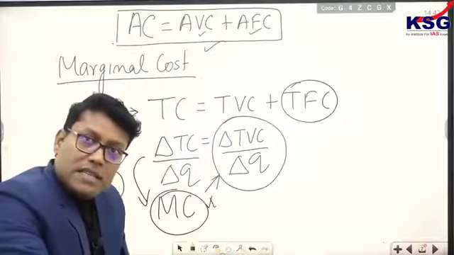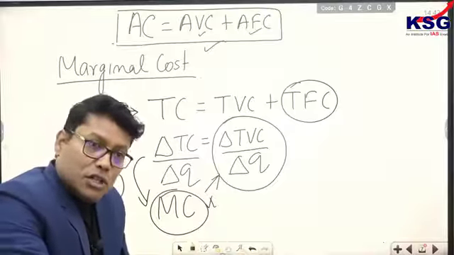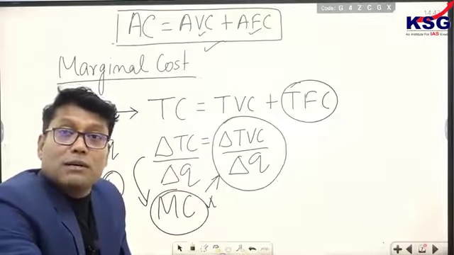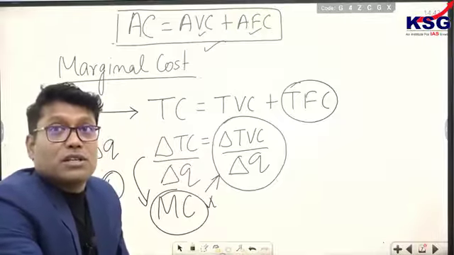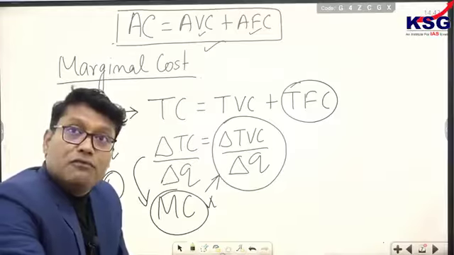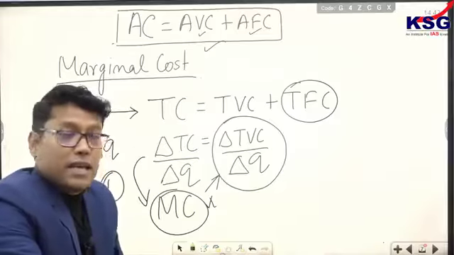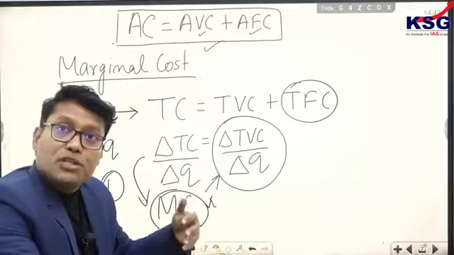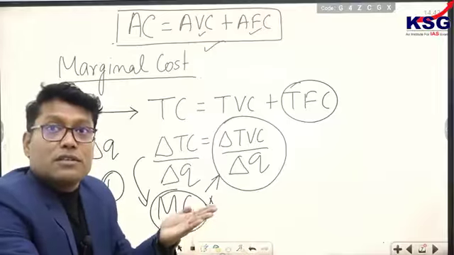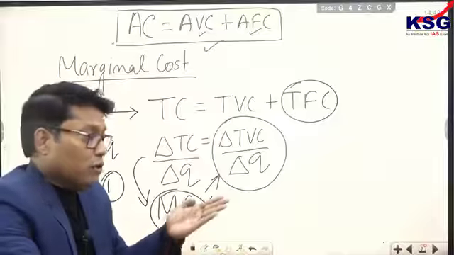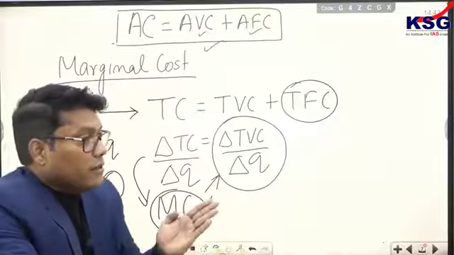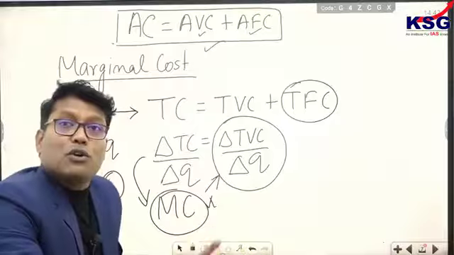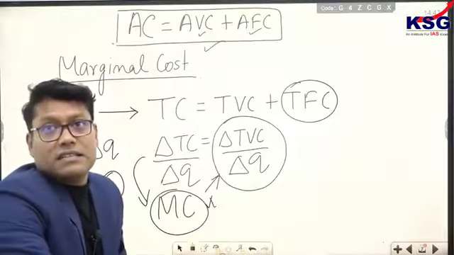You are calculating base rate on the average cost, you are calculating MCLR on the marginal cost, but all the components of average cost and marginal cost you are taking within the bank. Whatever things you are doing within your bank, on the basis of that you are calculating average cost, then calculating base rate, calculating marginal cost, fixing the MCLR. So these two are known as internal reference rate.